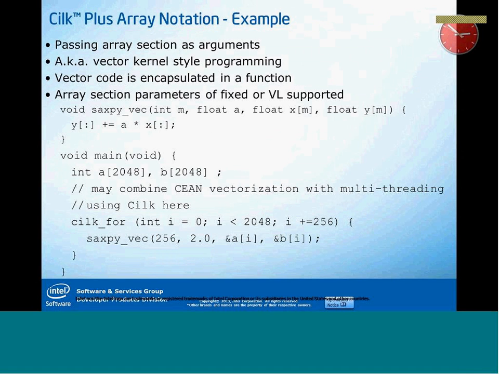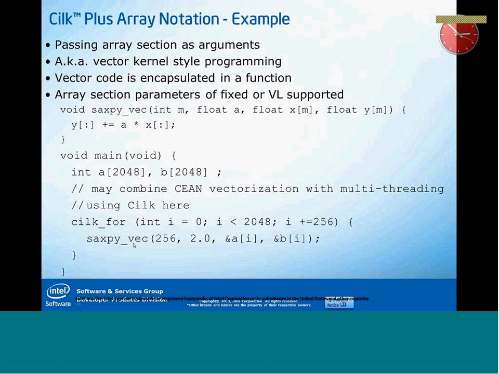Let me actually show you a simple example of array notation. So I have a Qvec function that we created using array notation. For each element of Y, I want to assign the value A times each element of X. So as you can see, the for loop is converted into this one single statement, which is quite neat, and now it is vectorized as well.